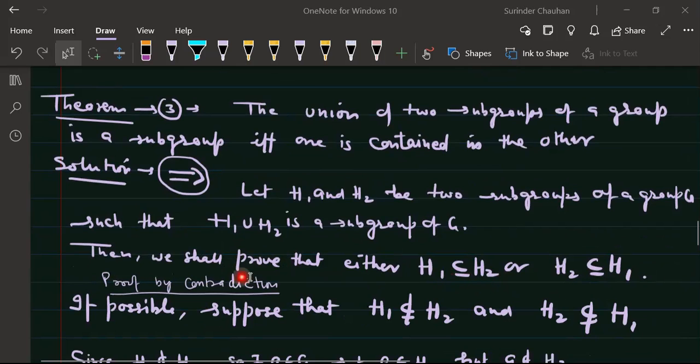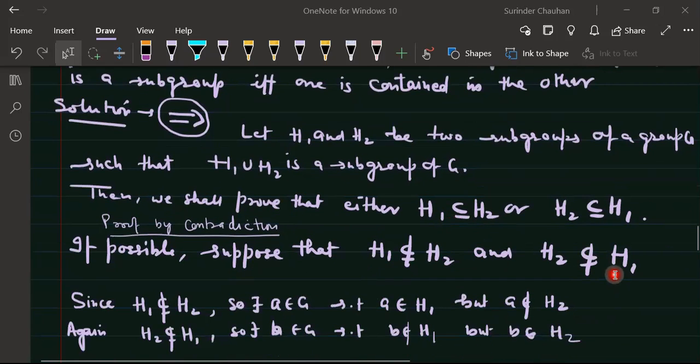Now prove by contradiction. If possible, suppose H1 is not a subset of H2 and H2 is not a subset of H1.